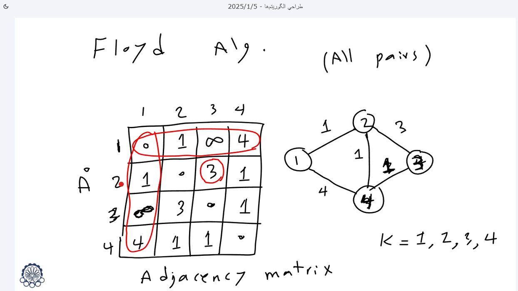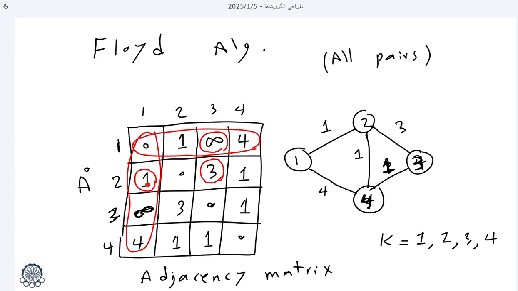other choice, which is this value, which is in row 2 column 1, and this value which is in row 1 column 3.